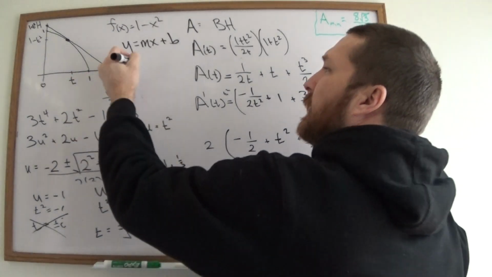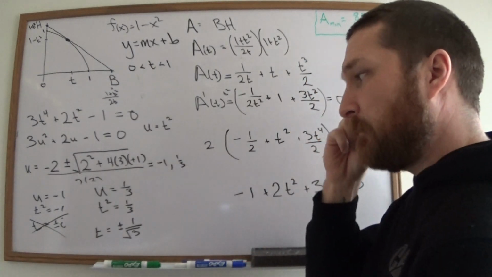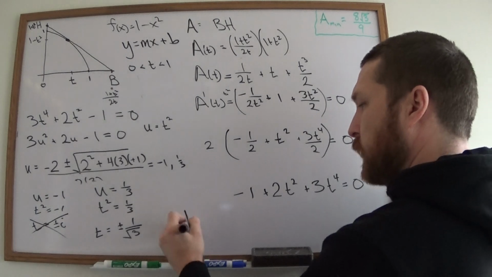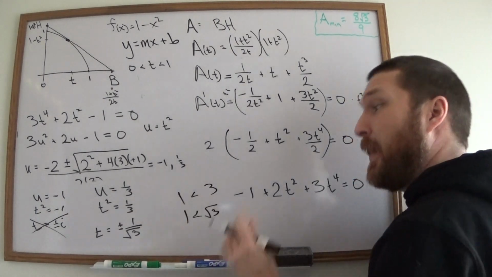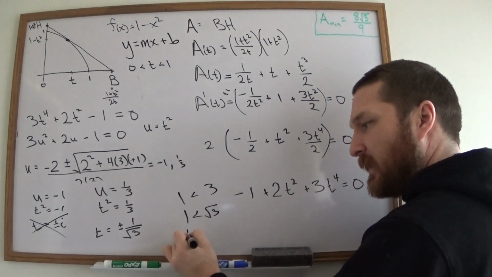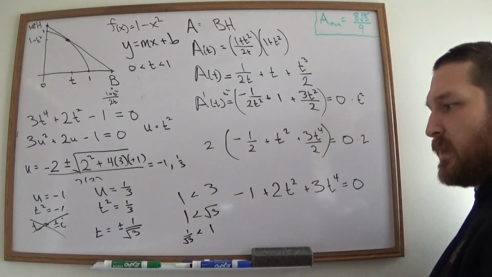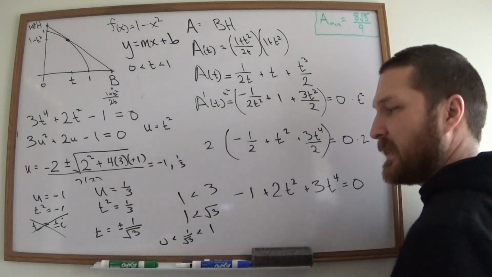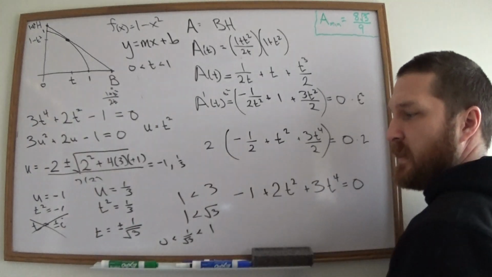I've said it a bunch of times, t has to be between 0 and 1. And indeed, positive 1/√3, because 1 is less than 3, so 1 is less than √3, and therefore dividing, you get that. It's also a positive divided by a positive, so it's bigger than 0. So that is the one that we're looking for.